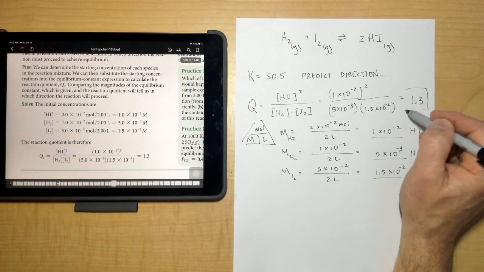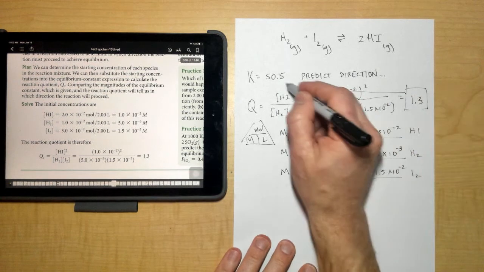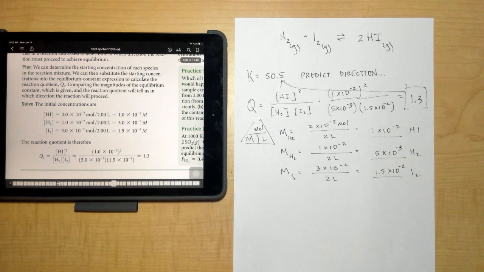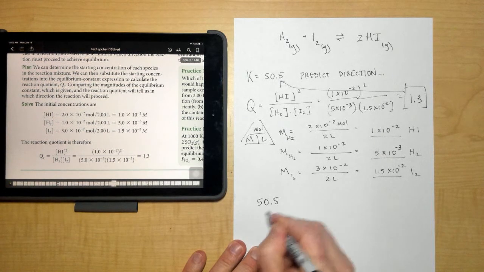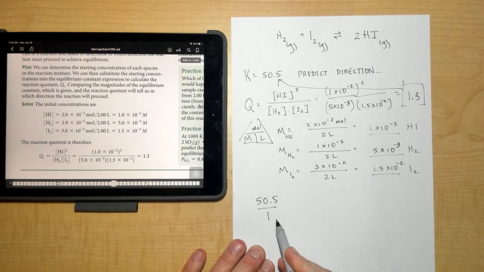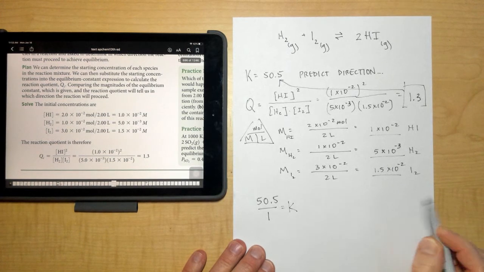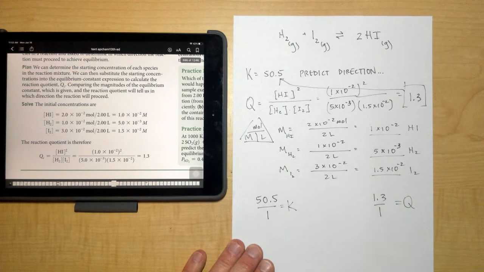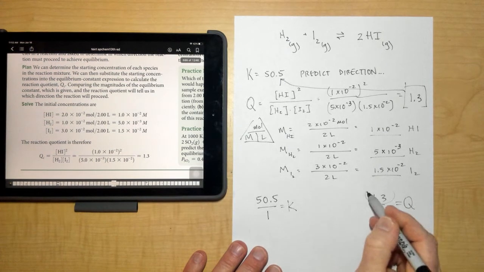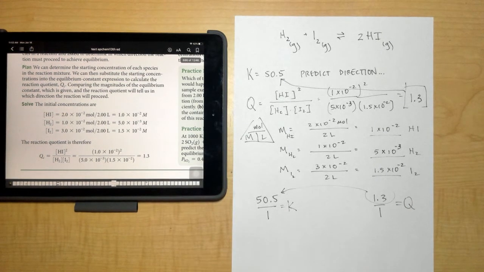Now, this is Q, and we have to compare Q to K. And a lot of kids struggle with this. Remember that when you're comparing Q to K, take your K and write it over 1. This is our K. Now take your Q and write it over 1. And then say, what do I have to do to get the top to look like the top? Oh, okay.